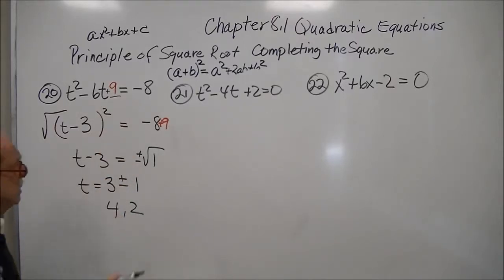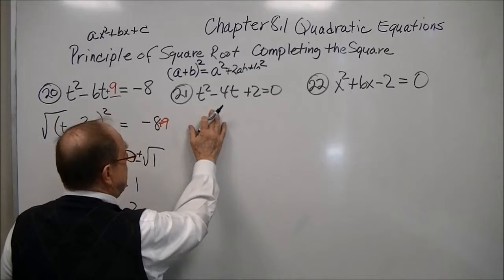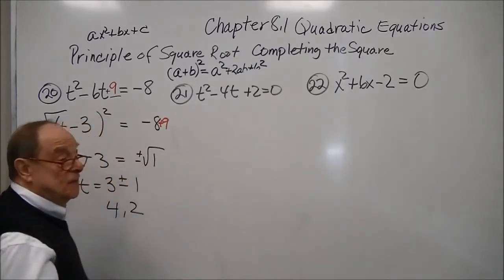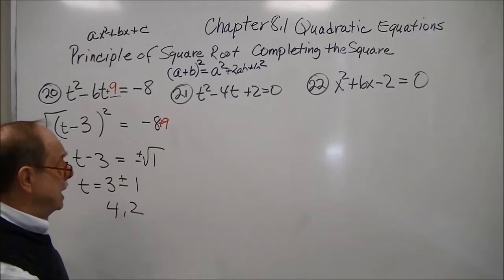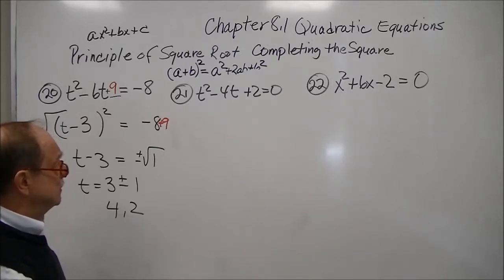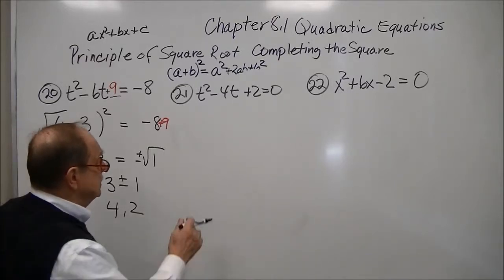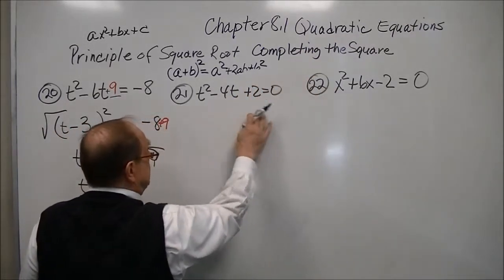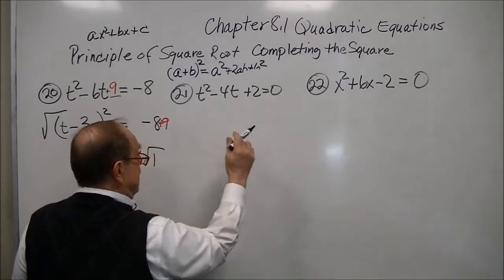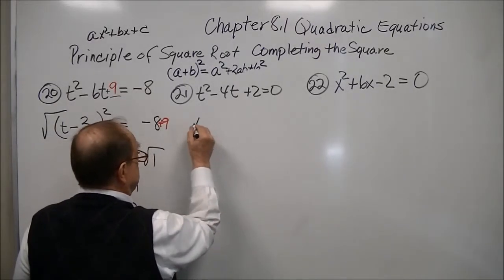All right, now as we look at number 21, is that factorable in the traditional sense? And the answer is no, that wouldn't factor. So we want to use completing the square to do this. Step 1 is write this out.